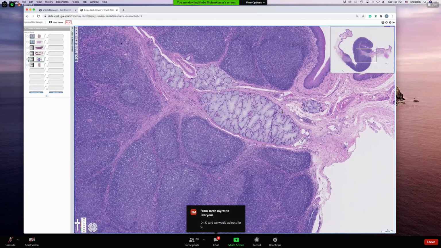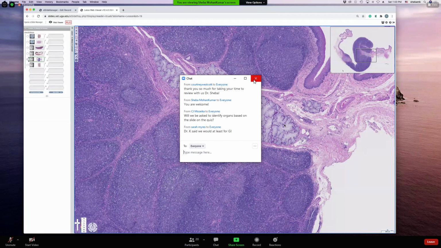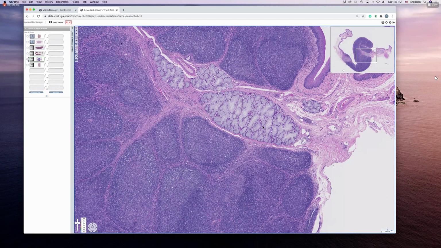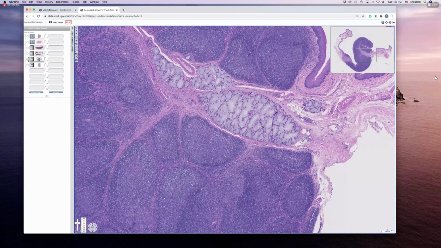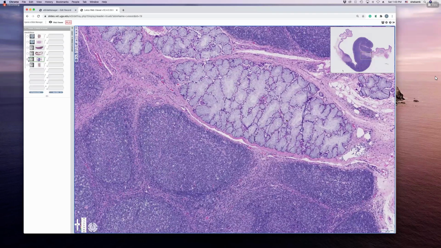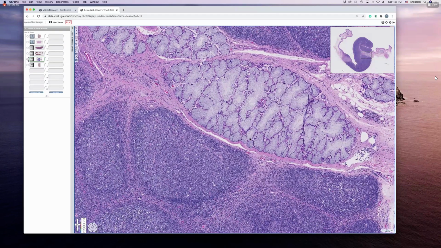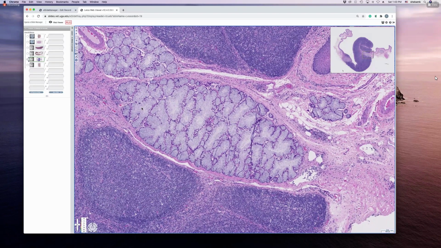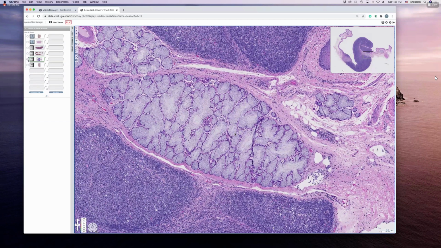This structure here, what is this? Glands? Yes, this is a gland. What is it secreting? Is it a serous secreting or mucus secreting gland? Do you want to guess? Mucus secreting, because the cytoplasm is pale for these cells.